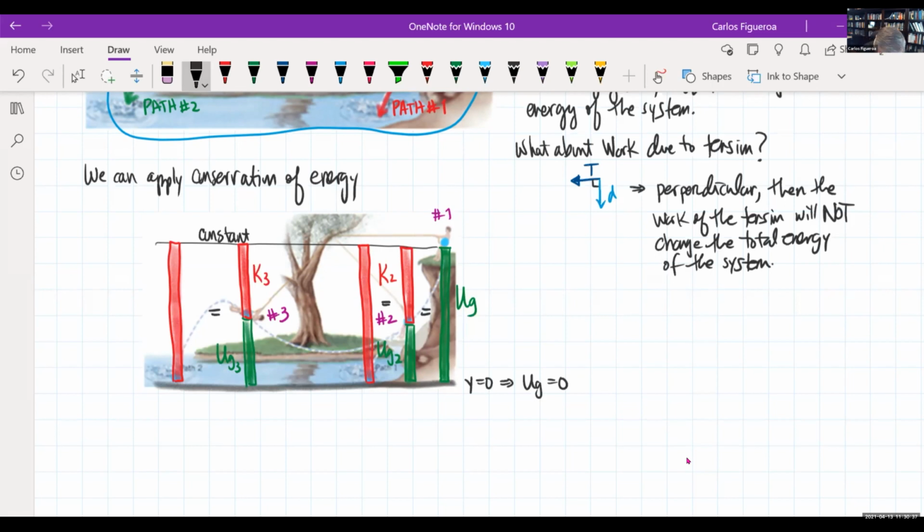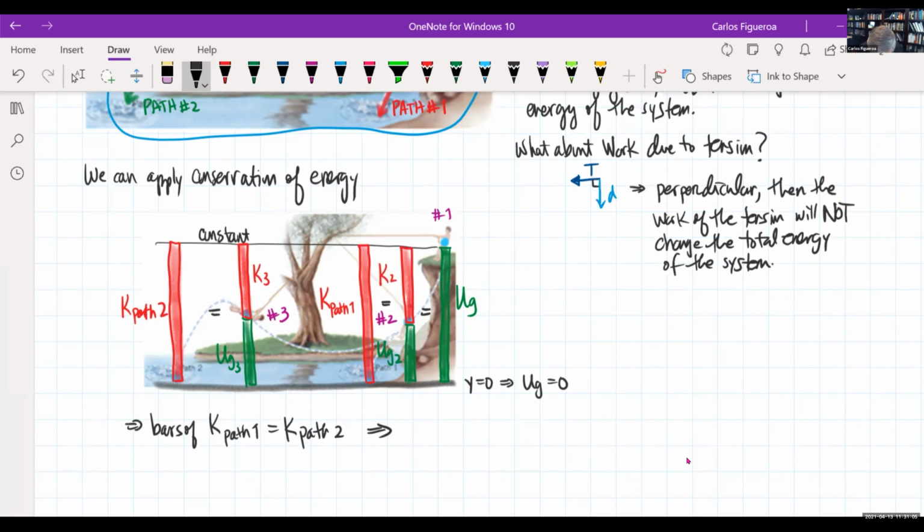So what I'm saying here is that this is the kinetic energy of path 1. This guy is the kinetic energy of path 2. And because the bars have the same height, right? This tells us that the bars of K path 1 equals K path 2.